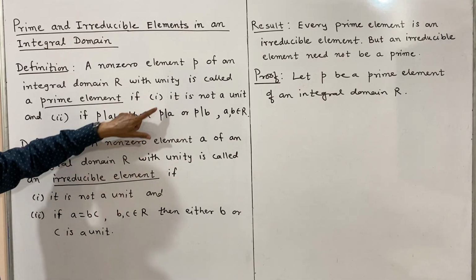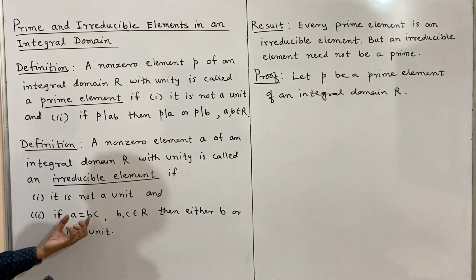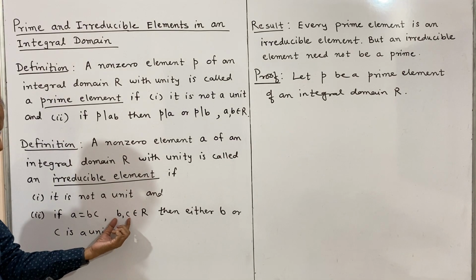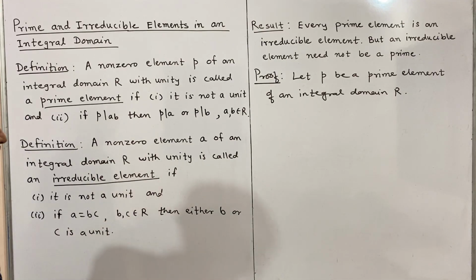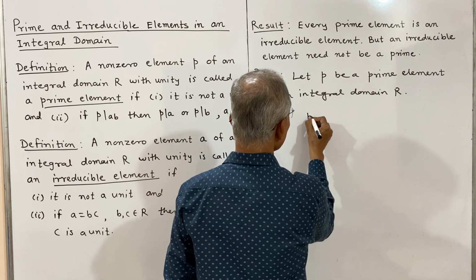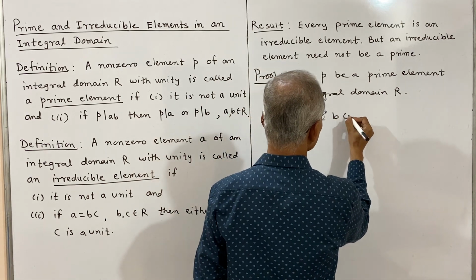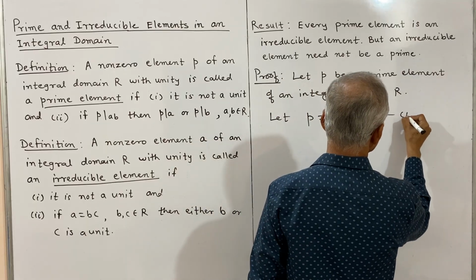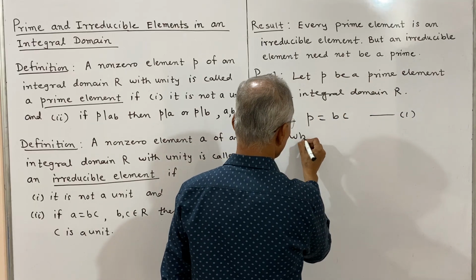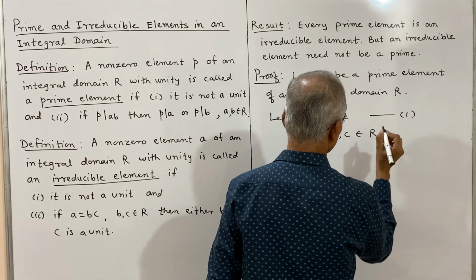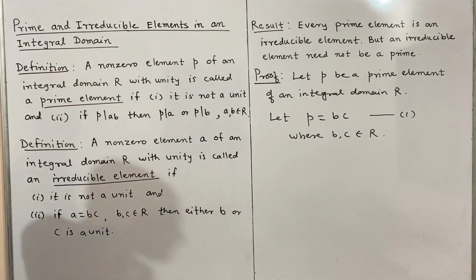That is the same condition. Now we only need to prove the second: if P is equal to B into C, then either B or C is a unit. Let P is equal to B into C, where B, C belong to R. So this is the case.